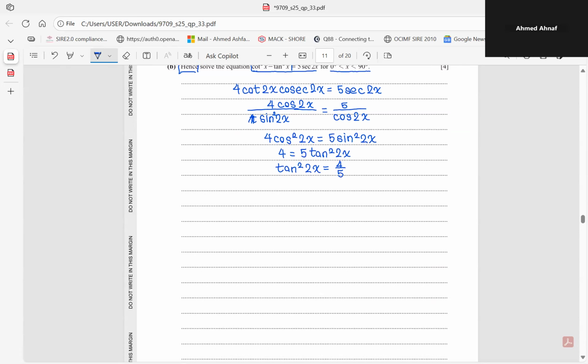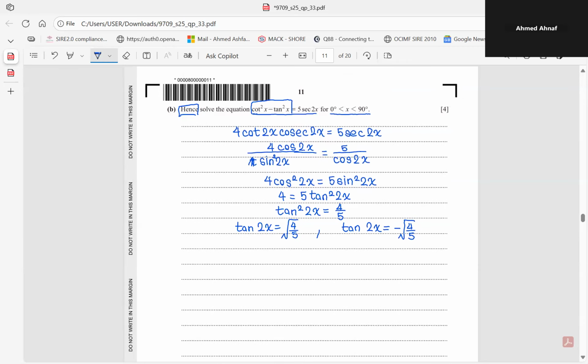Okay, so let's take the square root. So we get tangent 2x is equal to square root of 4 over 5, or we get tangent 2x is equal to minus square root of 4 over 5. Okay, so let's see if we have to reject any values. And to do that, we're going to have to look at our range for x.